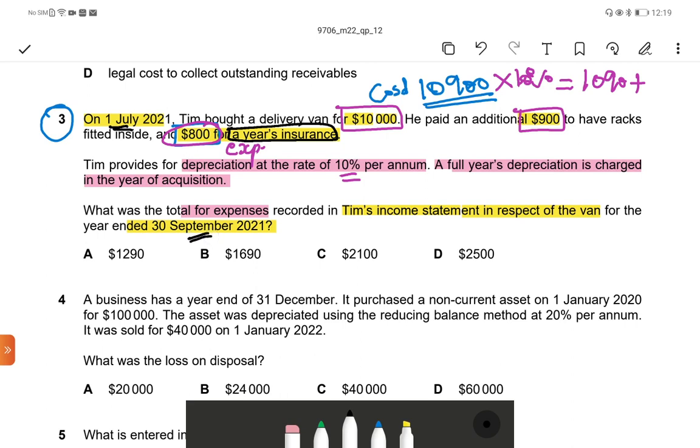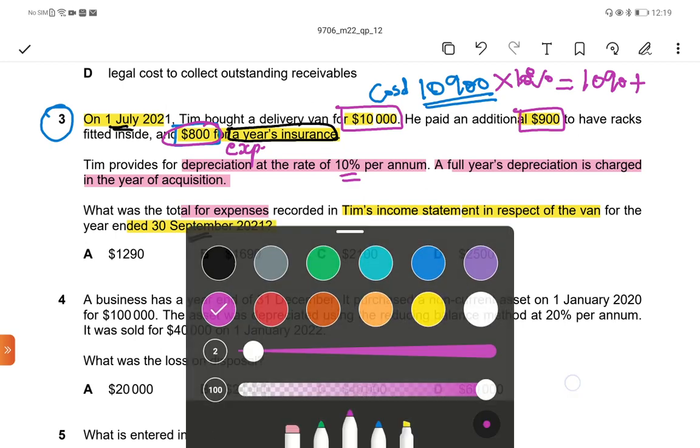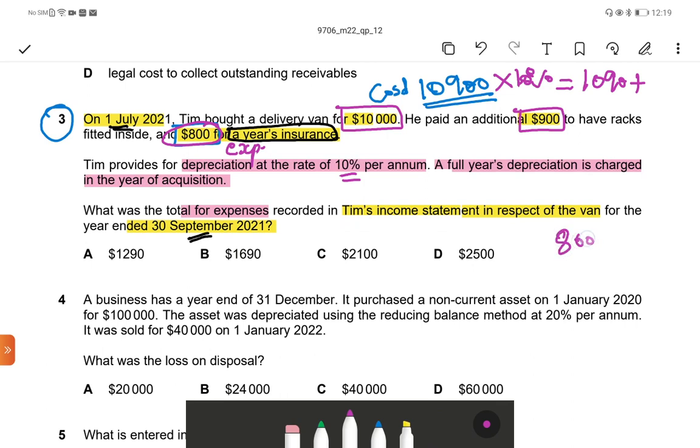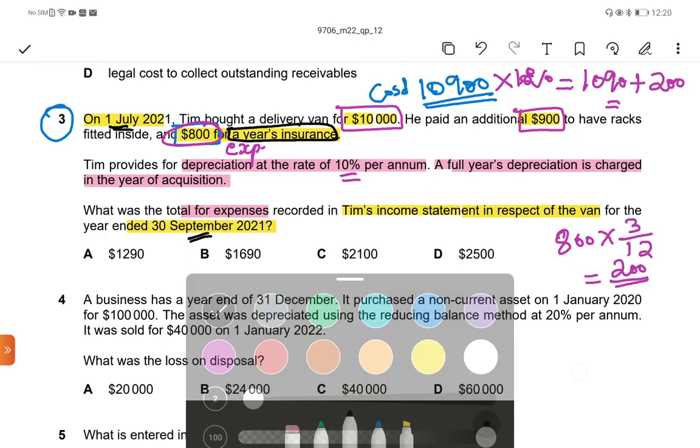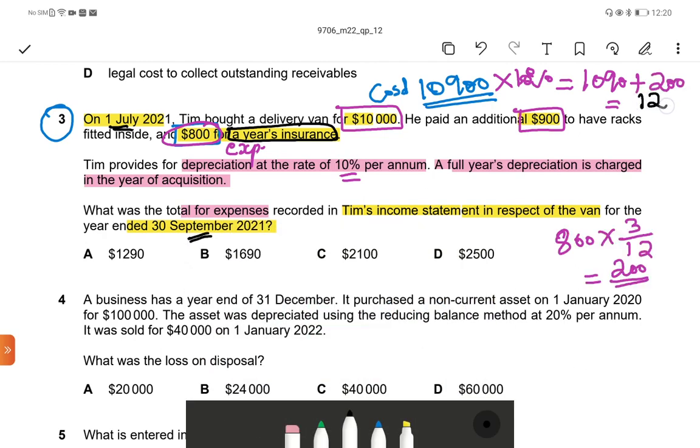July, August, September, 3 months are there. So only 3 months of expense you add with the depreciation. 3 months of expense is equal to 800 multiplied by 3 by 12, which is equal to 200 expense. So 1,090 plus 200 is equal to 1,290, the total expense. Correct answer is A.